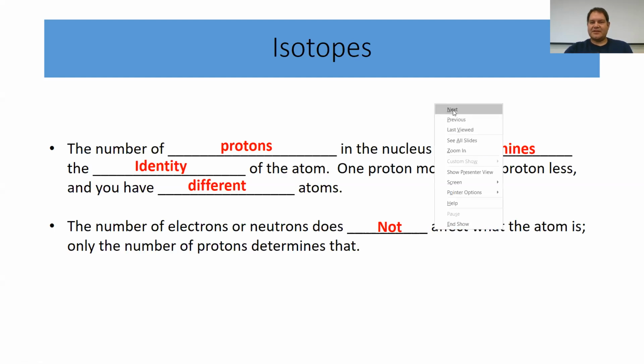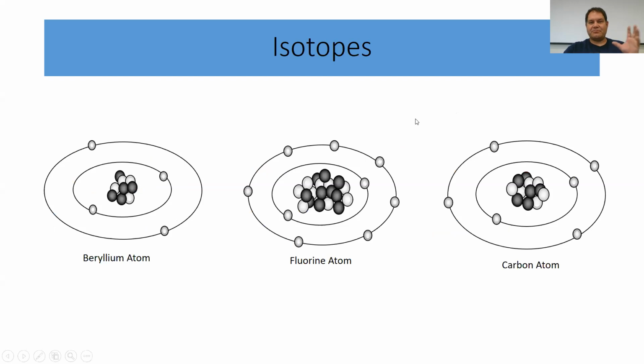All right, so let's go into the definition. Oh, before we get into the definition of isotopes, let's take a look at this example. So we have in your notes these three atoms. Beryllium, and if you look at your periodic table, the atomic number for beryllium happens to be 5.